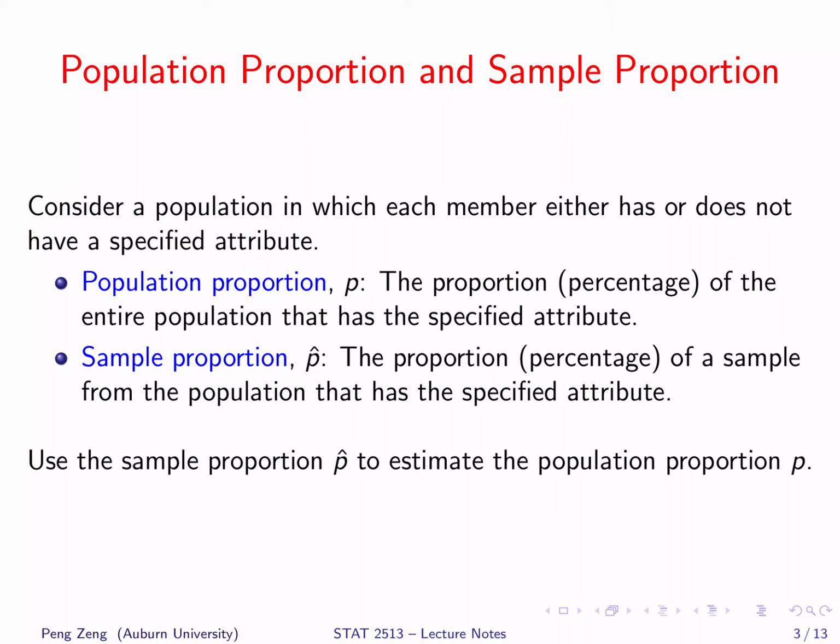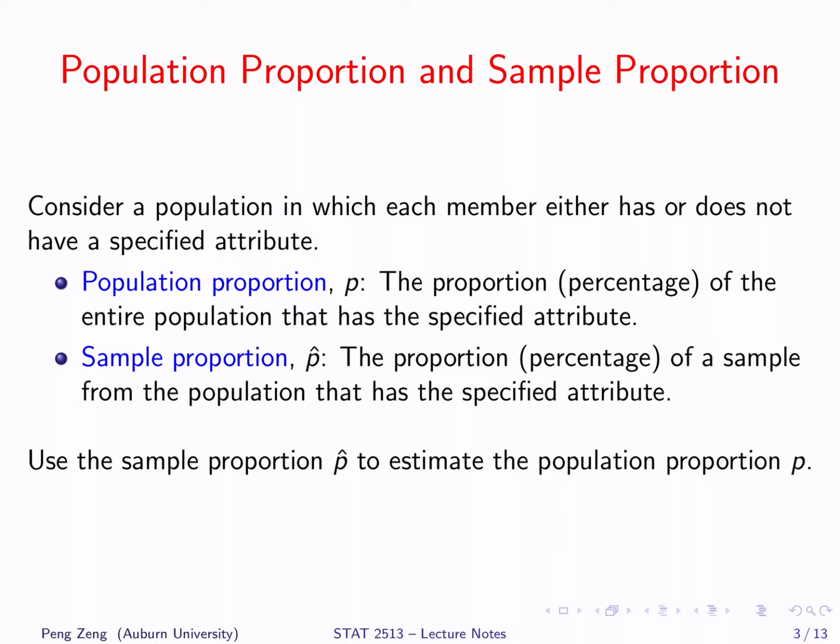Consider a population in which each member either has or does not have a specified attribute. For example, we may be interested in the percentage of US adults who have health insurance. Here, the specified attribute indicates whether this person has health insurance, maybe yes, maybe no. There are only two possible outcomes.